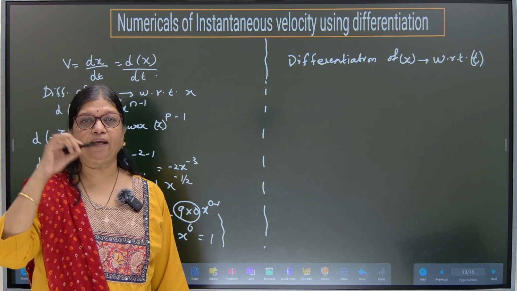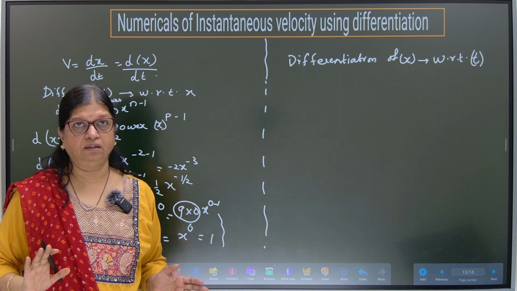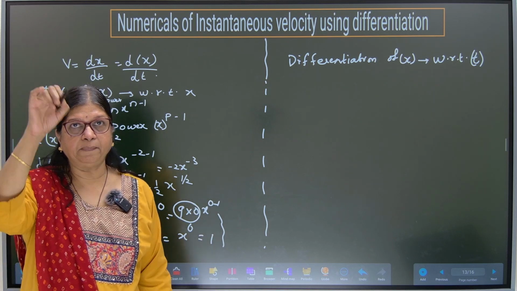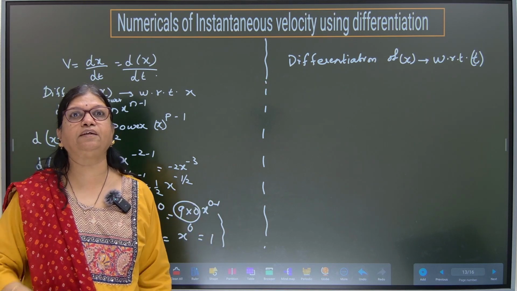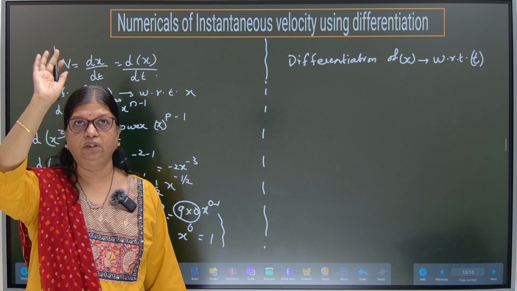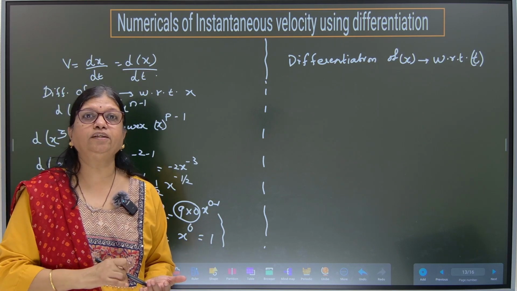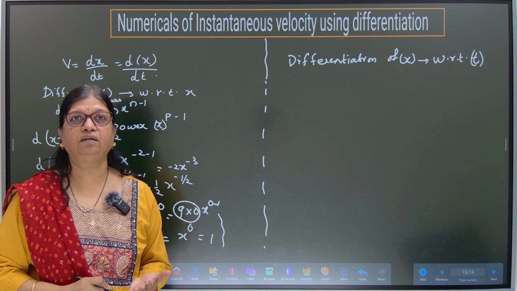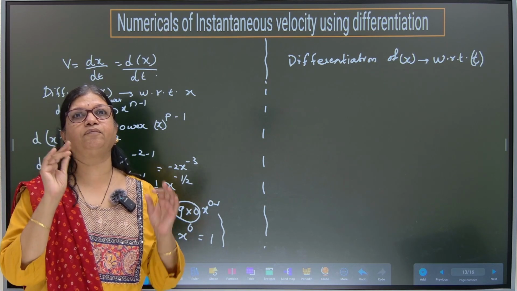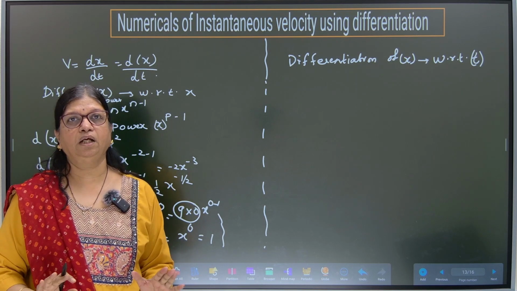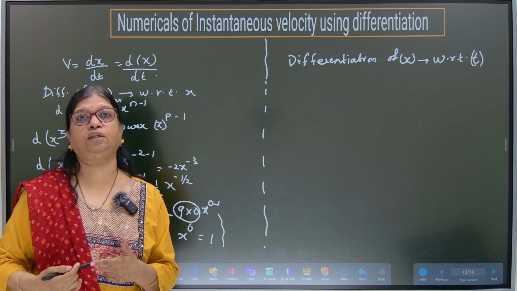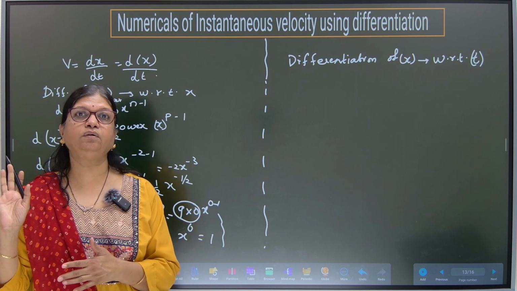Simple. So everything you can't learn by heart. Remember it with the logic. You cannot just say differentiation of a constant is 0. Simply, why is differentiation of a constant 0? Because with every constant, there is a variable with power 0, x raised to 0. If I differentiate x raised to 0, my answer will be 0.